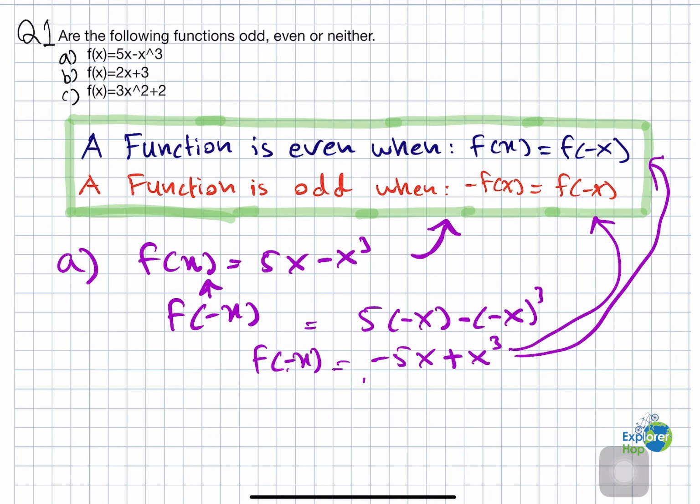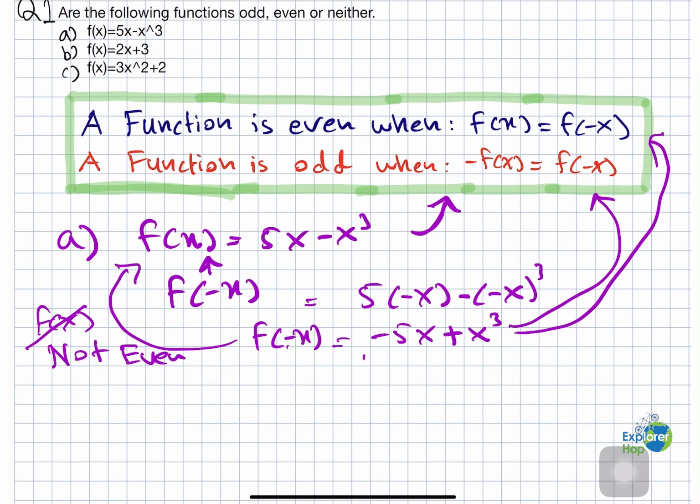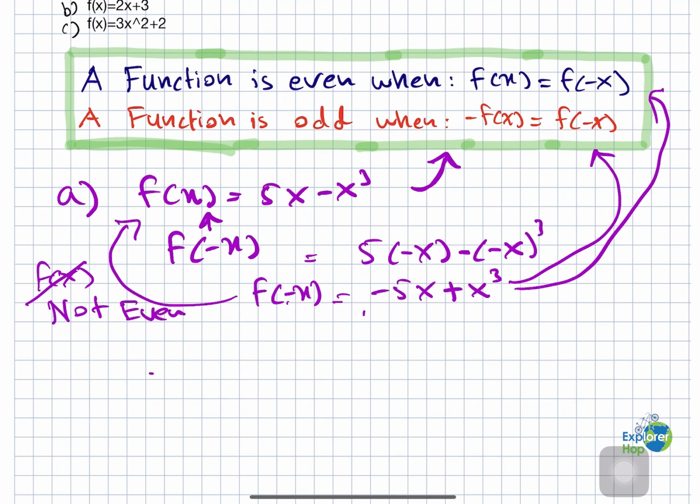So we know f of x is 5x minus x cubed, so this is definitely not f of x, so it's not even. Now is this equal to negative f of x is equal to f of negative x?